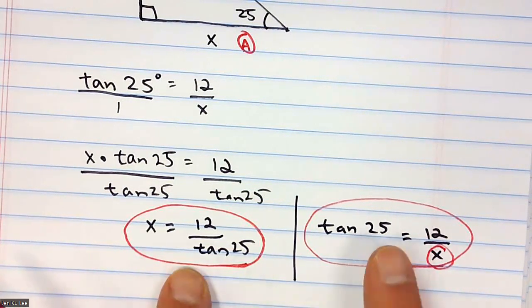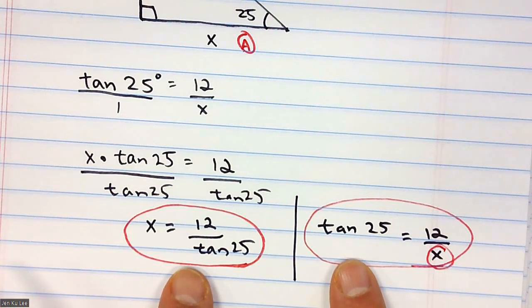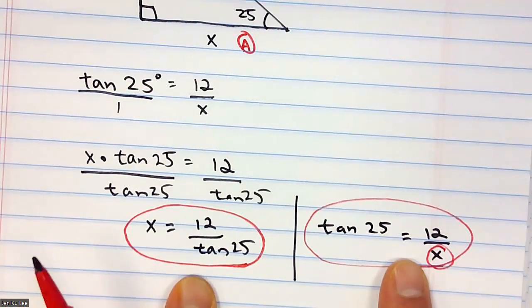What's the difference between these two? The x and the tangent of 25, they just switched, right?